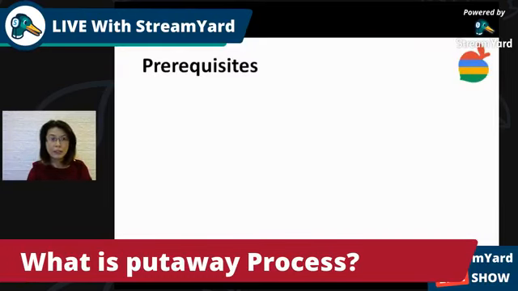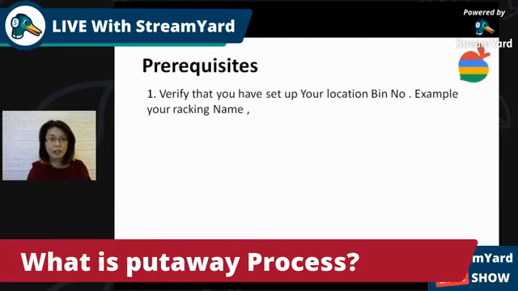So what are the prerequisites to implement this put away process? Firstly, you have to set up your location bin numbers, for example, the racking name.